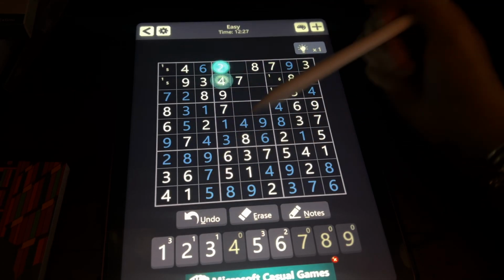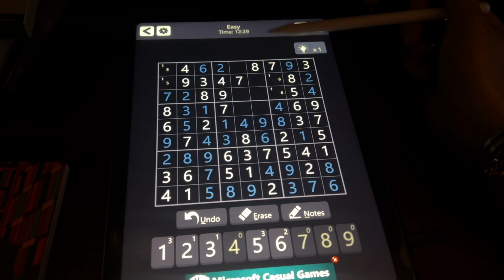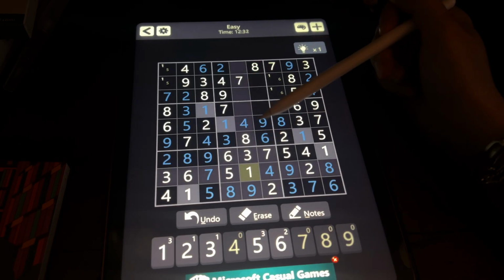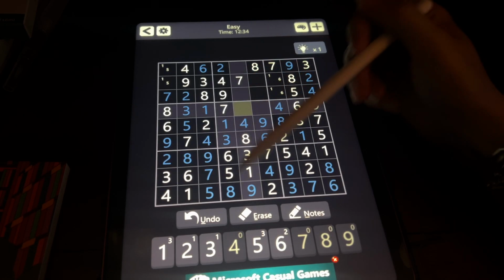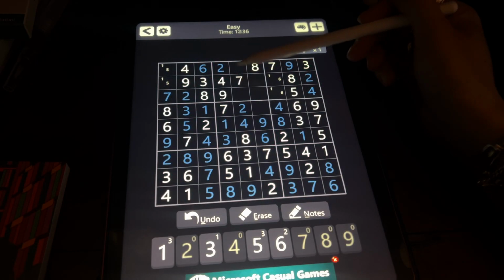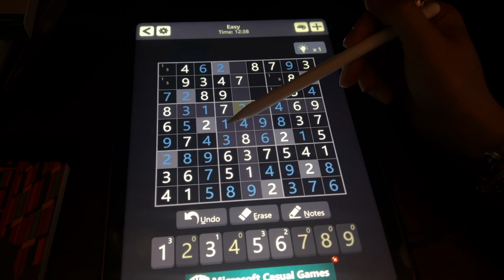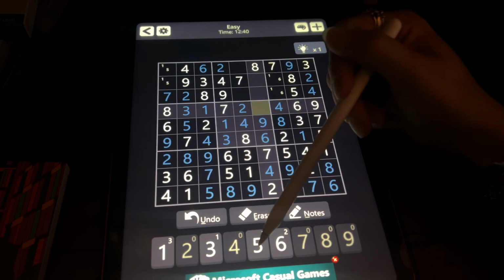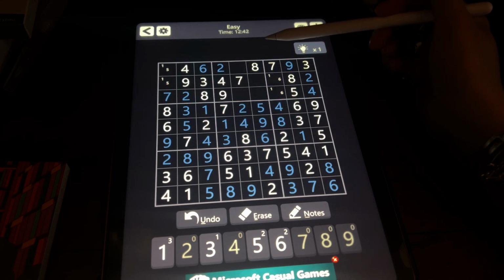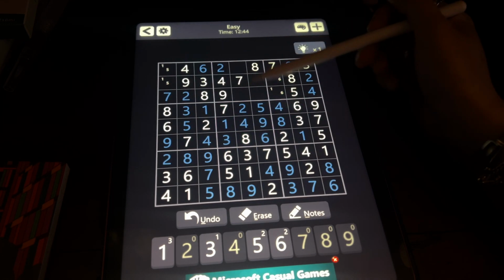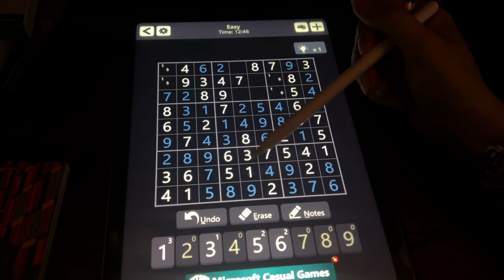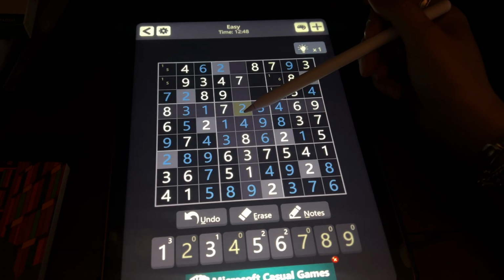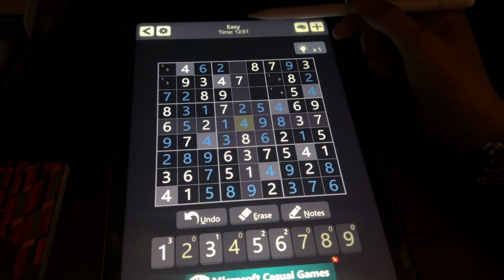That needs a 2. 1. This one also needs a 2. Has to go there because we've just placed 1 in this one here. 1, 2, 3, 4. This has to be a 5. Okay, and we still need a 1 in here. 1, 2, 3, 4.